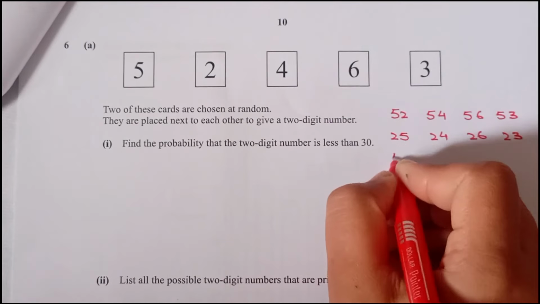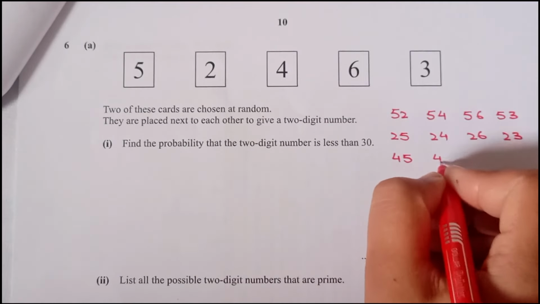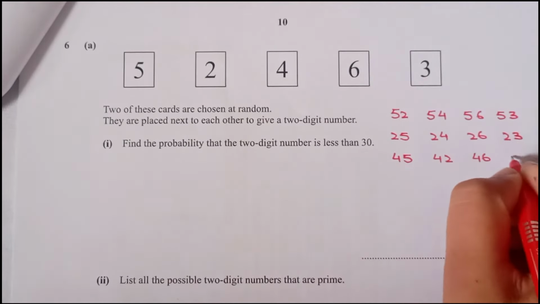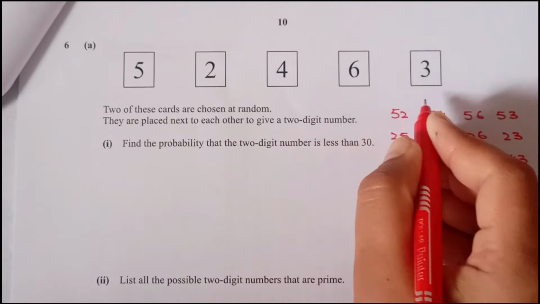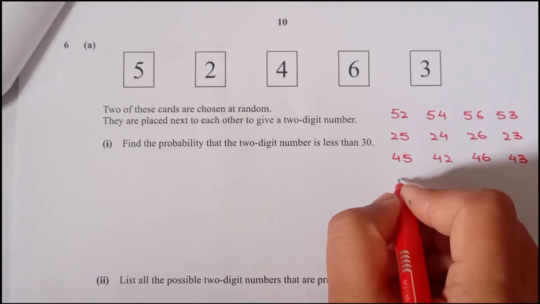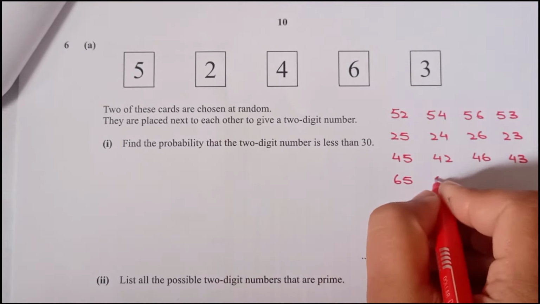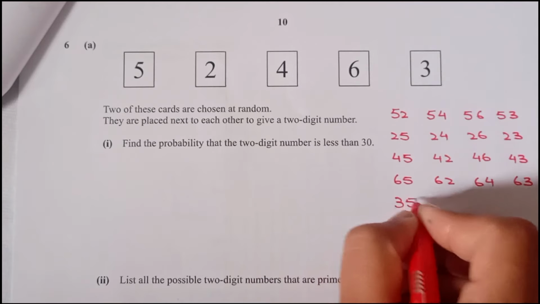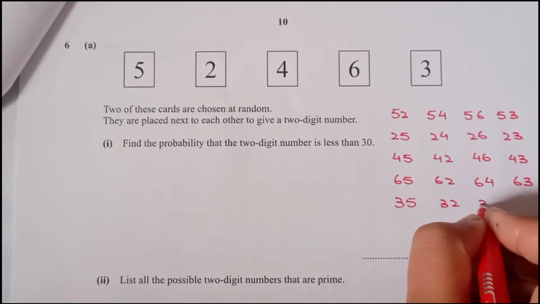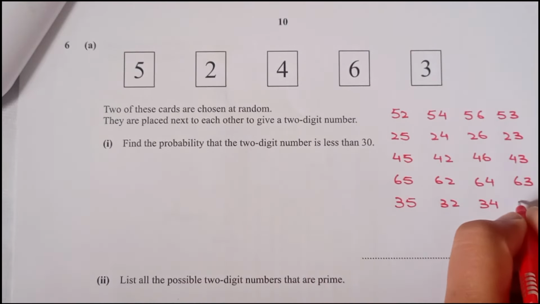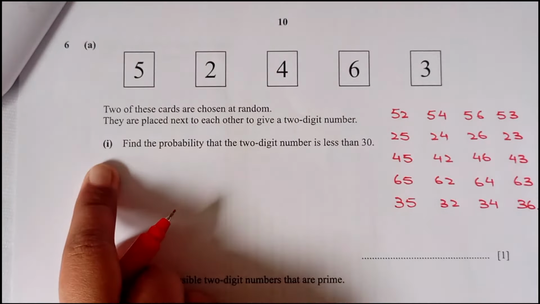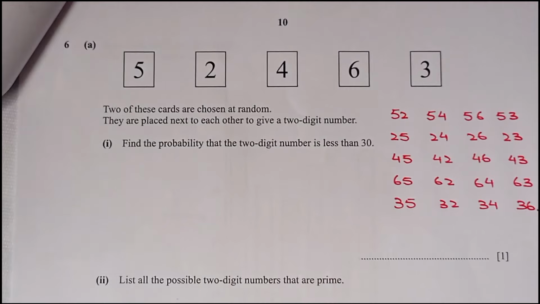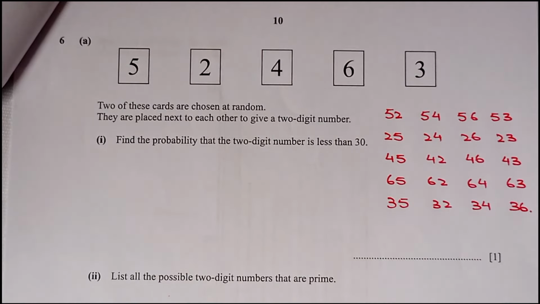With 4 we have 45, 42, 46 and 43. With 6 we have 65, 62, 64 and 63. And the last is 3: 35, 32, 34 and 36.